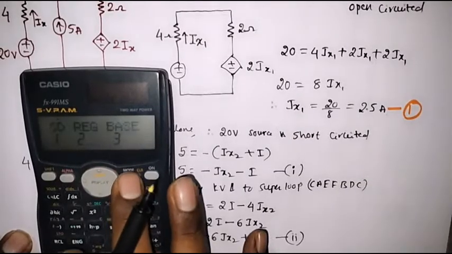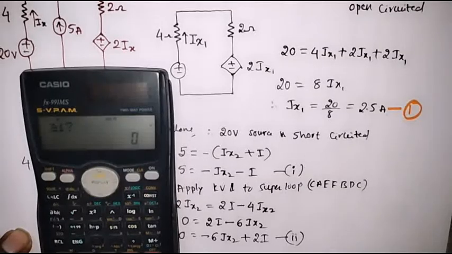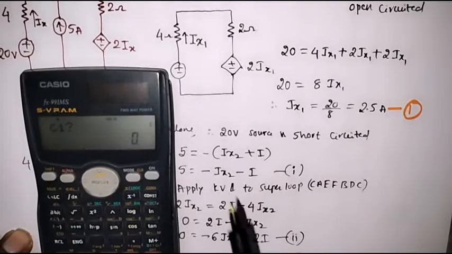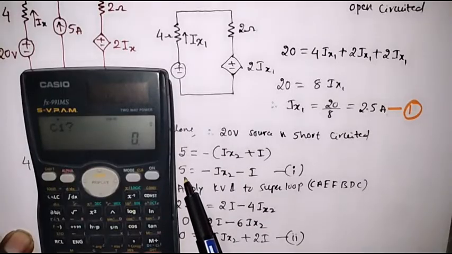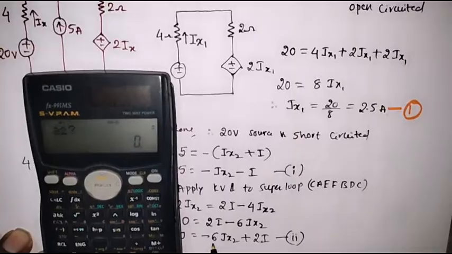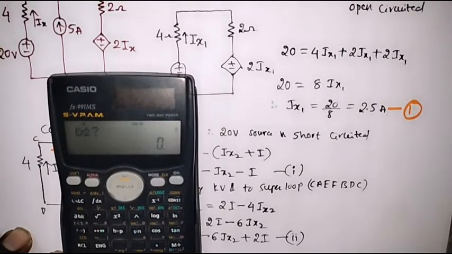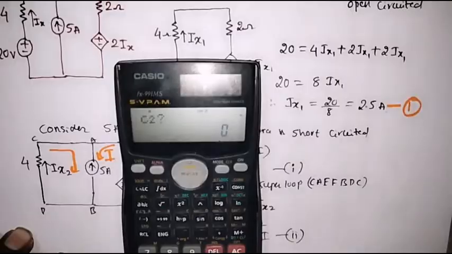There are two unknowns. In the first equation, the coefficient of Ix2 is minus 1, the coefficient of I is minus 1, and the value on the left hand side is 5. In the other equation, the coefficient of Ix2 is minus 6, the coefficient of I is 2, and the value on the left hand side is 0.